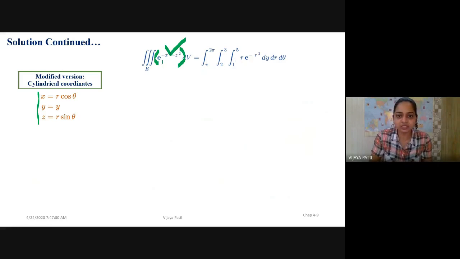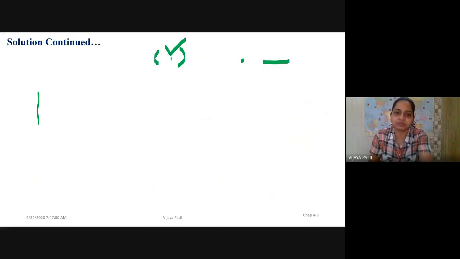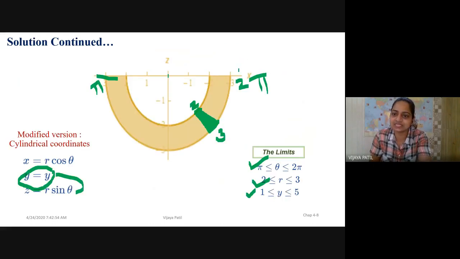Now again, this integrand e to the power minus x square plus z square, if you observe, this r, dy, dr and d theta are nothing but the volume element of this particular modified cylindrical system. And this e to the power minus x square minus z square is nothing but e to the power minus r square, because the circle in the previous step was in the x and z plane.